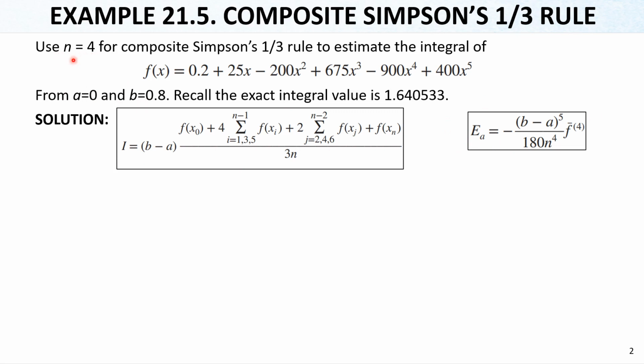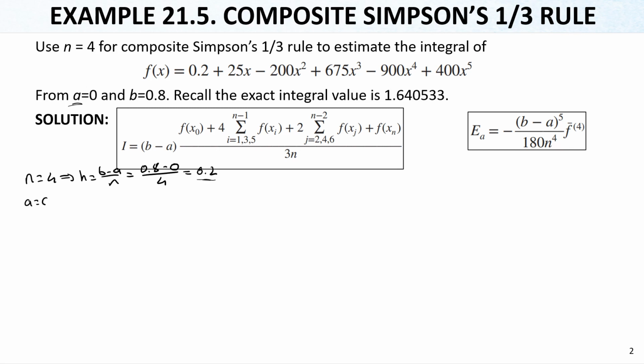Because it says n equals 4, let's first find the h value. If n equals 4, then h is b minus a divided by n, meaning that 0.8 minus 0 divided by 4, which is equivalent to 0.2. So now we will find the x values using these increments, 0.2 increments, starting from a.